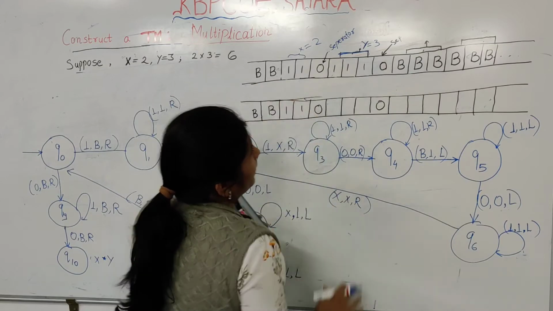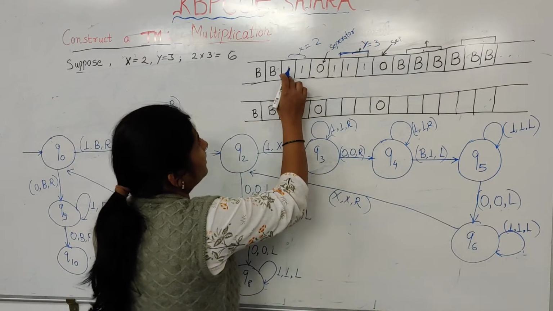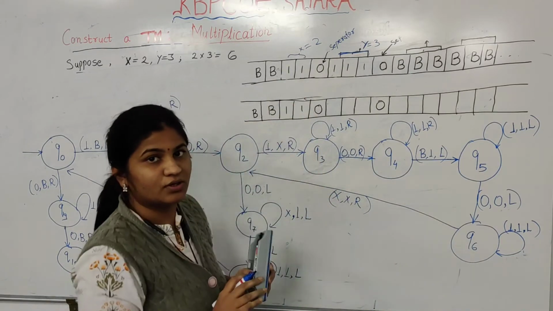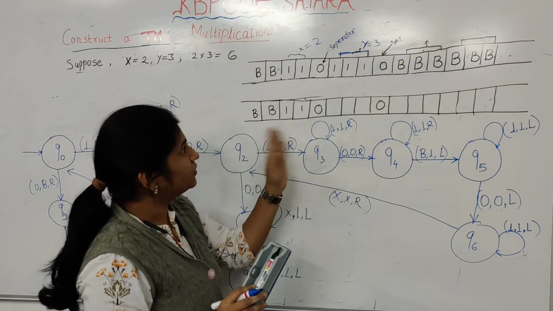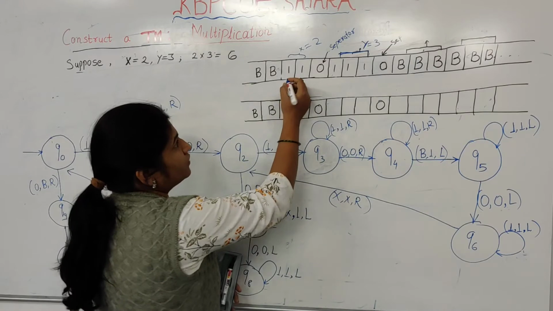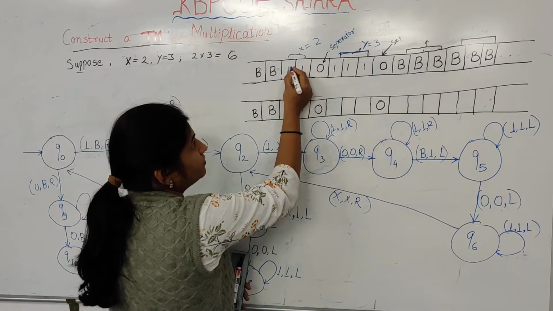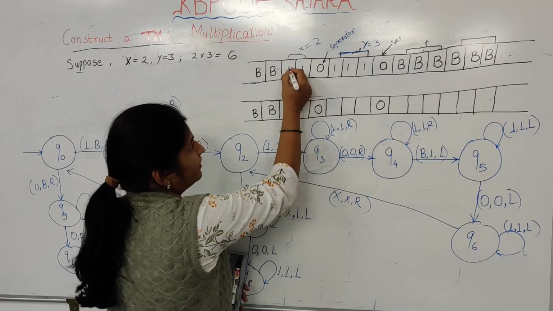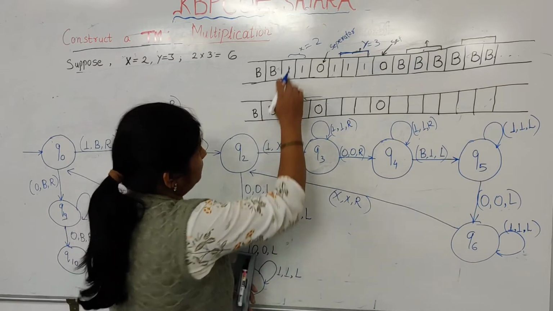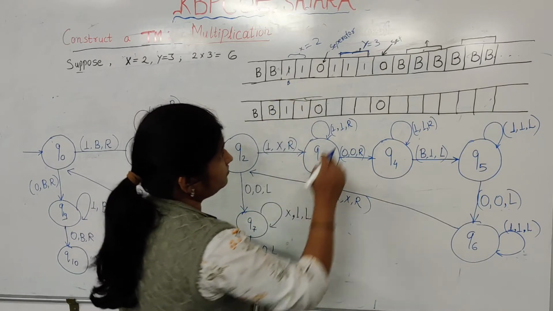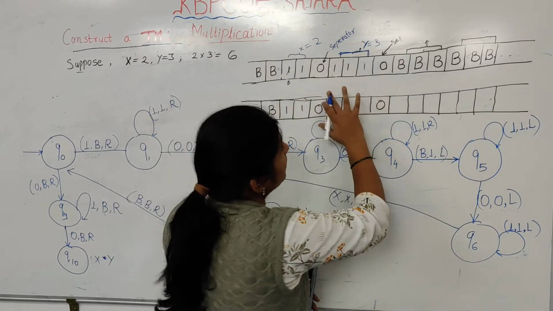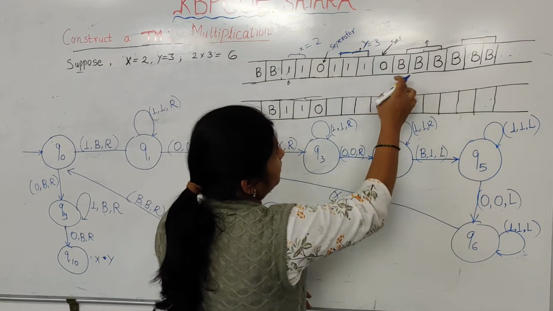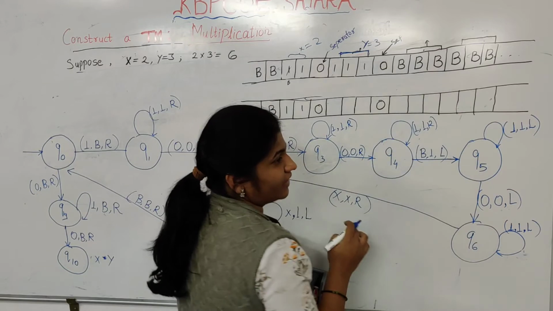Just try to understand. It's a little bit tricky, but once you understand, you can do it very easily. We have to make the first one blank, and correspondingly change these 3 blanks into ones.